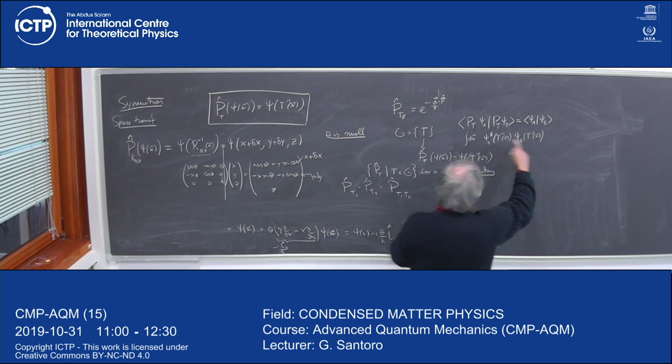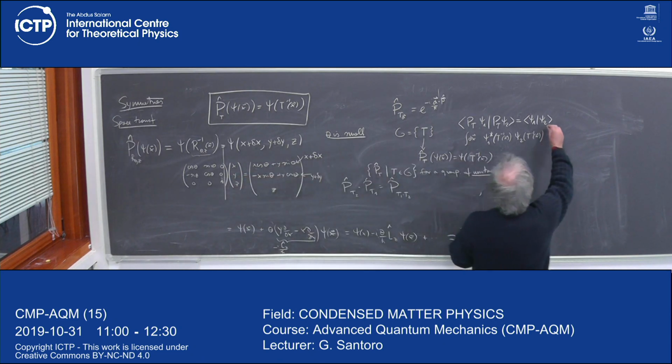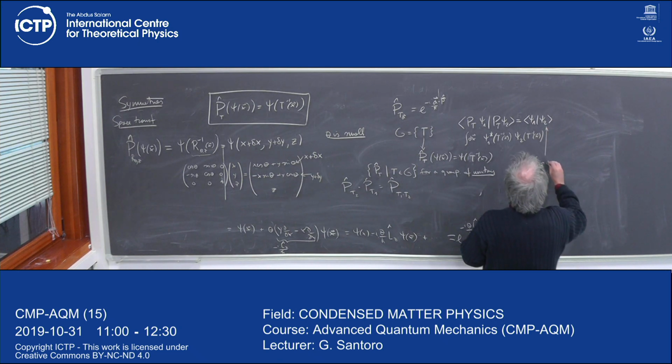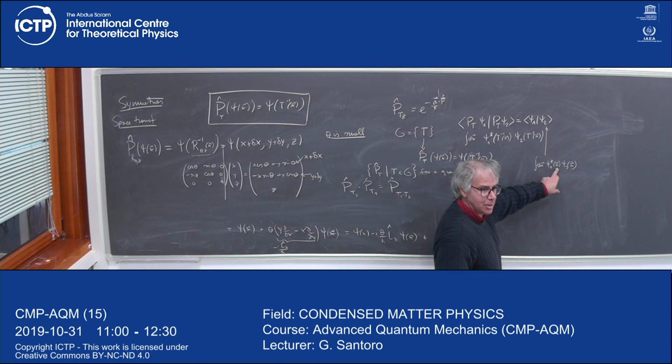Is it clear that I wrote exactly what I have there? Now, what is this? On the contrary, it is the integral in dx of psi 1 star of x, psi 2 of x. Now, are these two integrals the same? They differ because here I'm using the inverse of a space transformation, and here I'm using x.